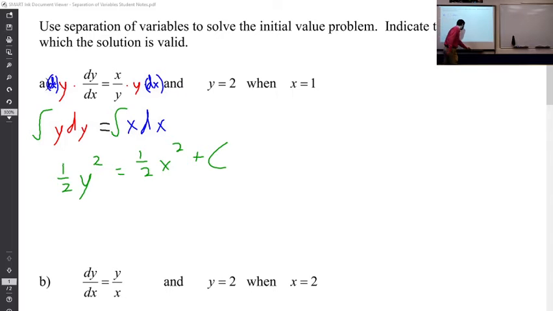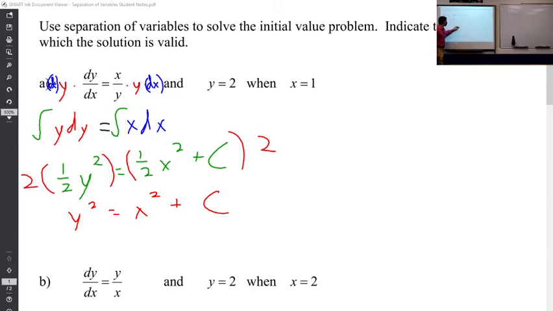So we will do that by multiplying by 2 on both sides. So we have y squared equals x squared plus 2 times a constant. Guess what? It's still a constant. So we're still just going to write plus c. If I take some number and multiply by 2, it's still a number.